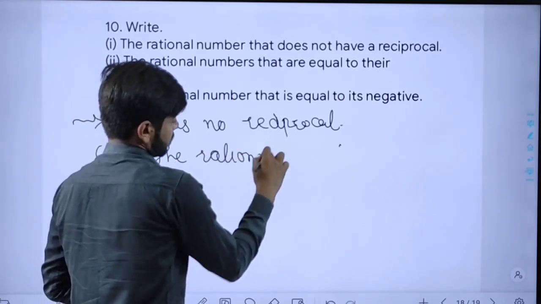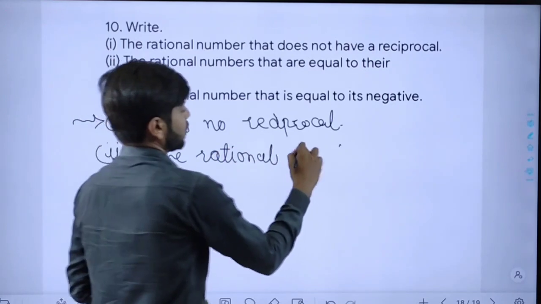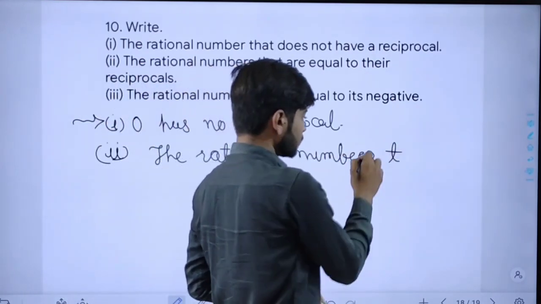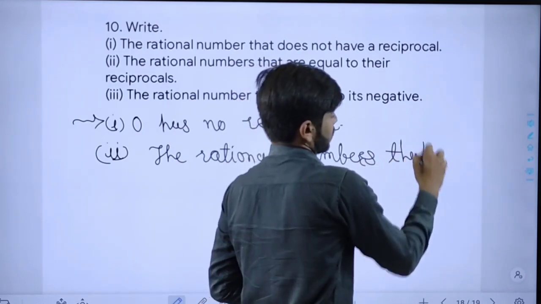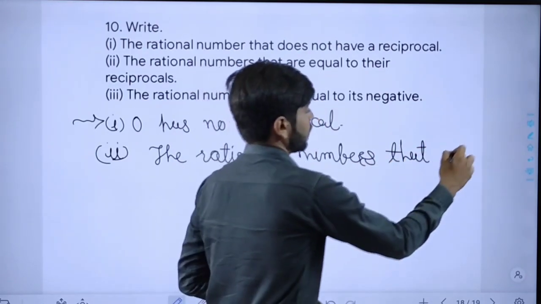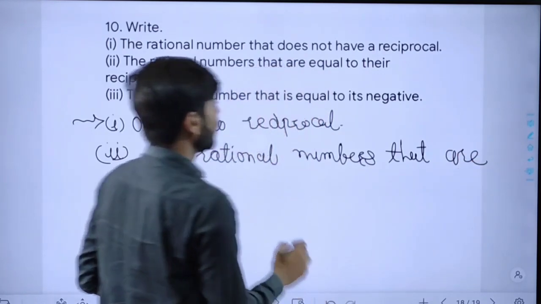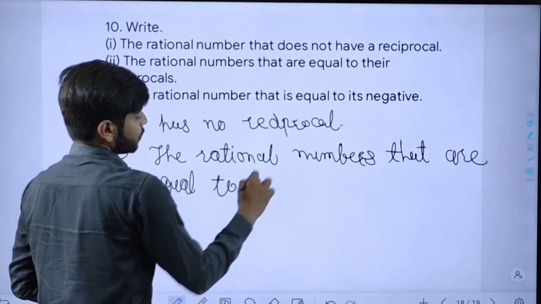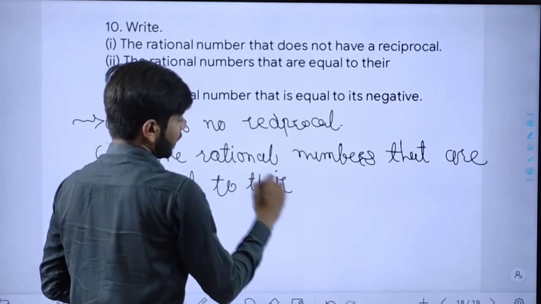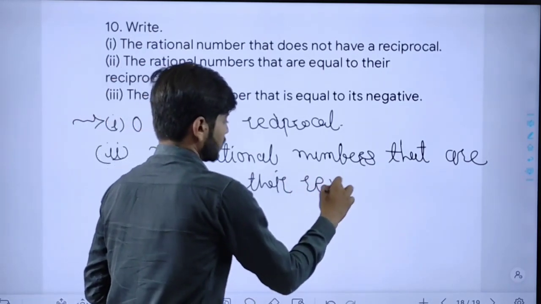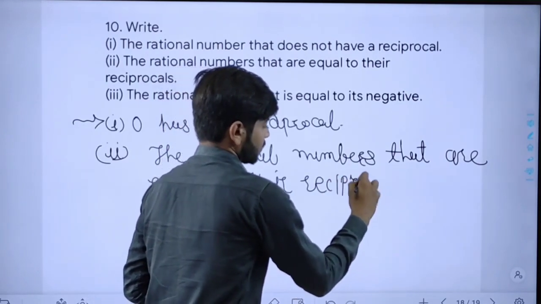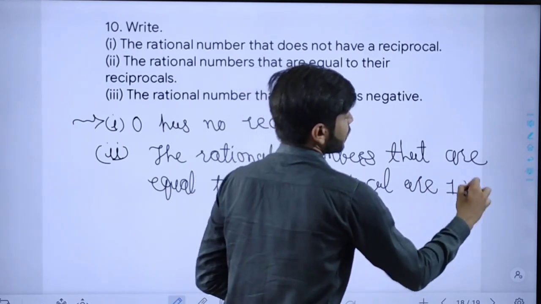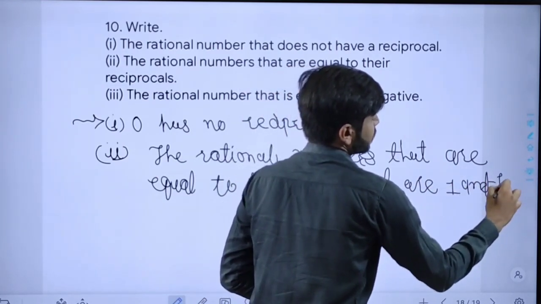Rational numbers that are equal to their reciprocals are 1 and minus 1.